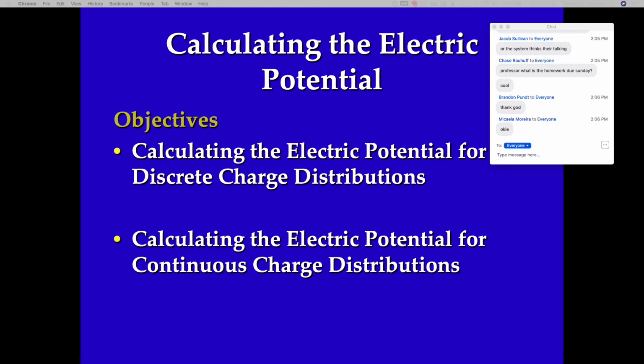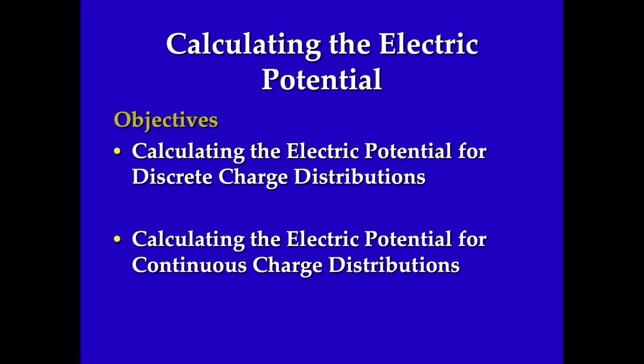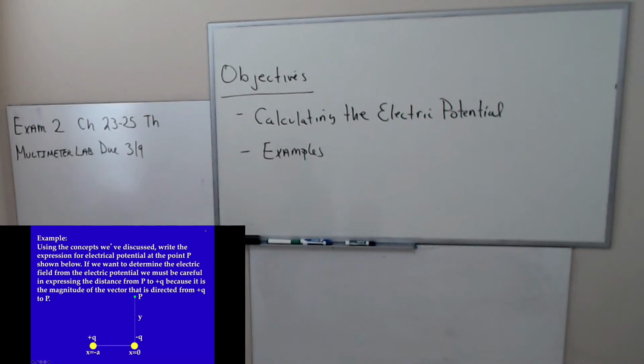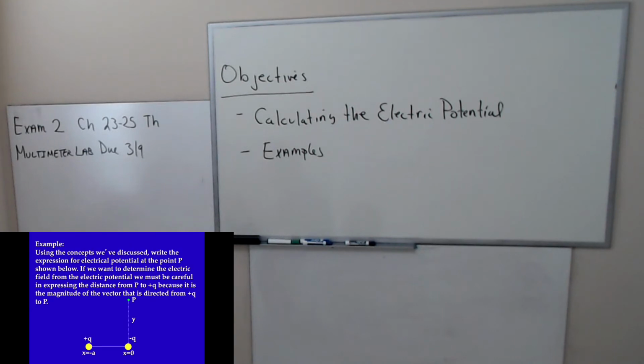So basically all we're going to be doing is doing different examples of equipotentials. All right. I'm going to do the easy problem first. I'm going to do the discrete case. Okay? If we have a discrete set of charges, how do we calculate the total electrical potential?